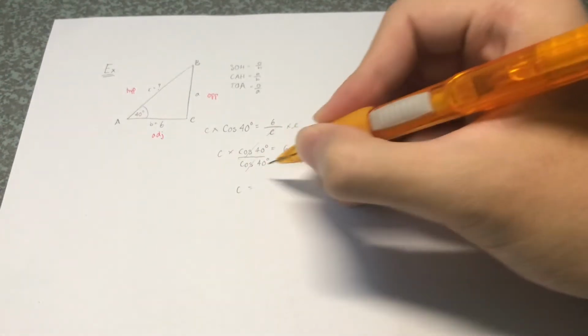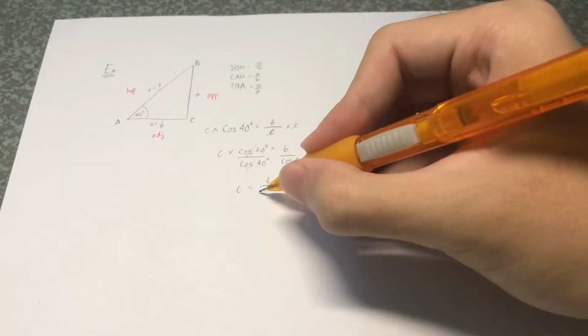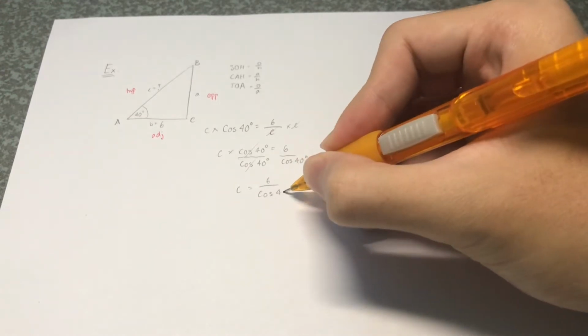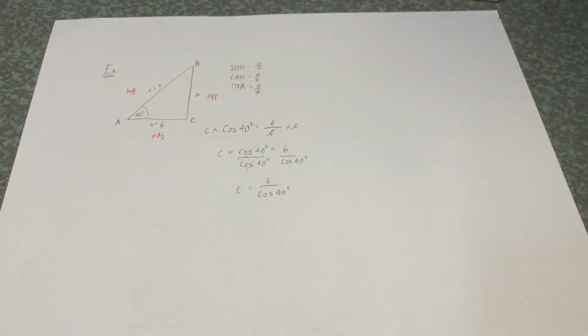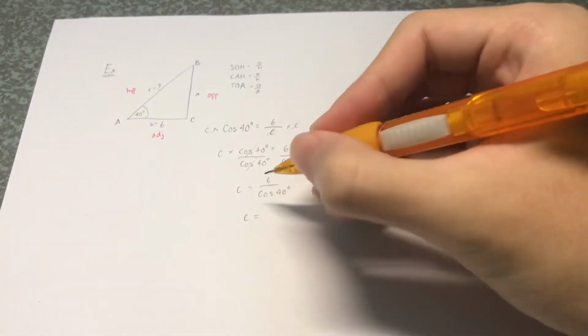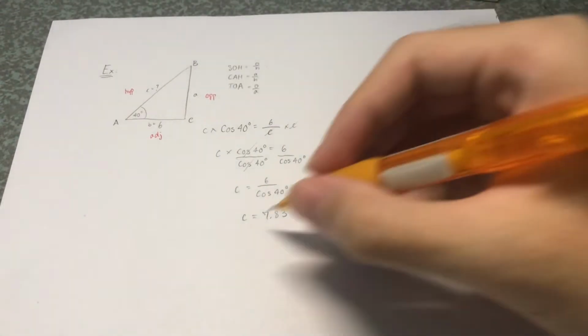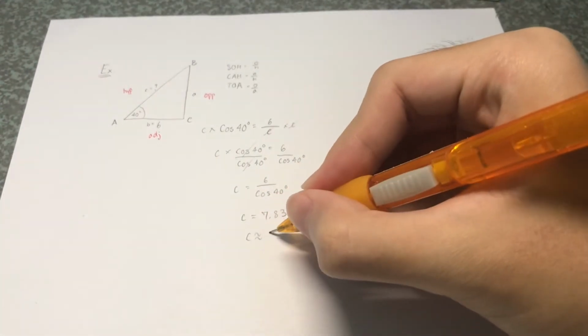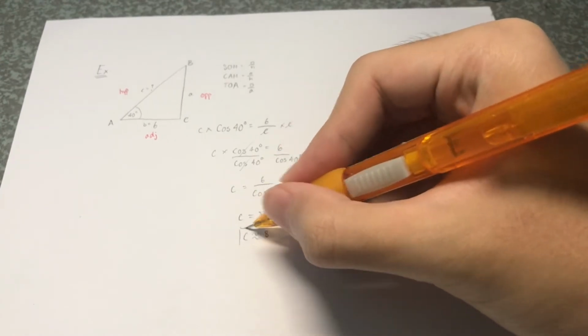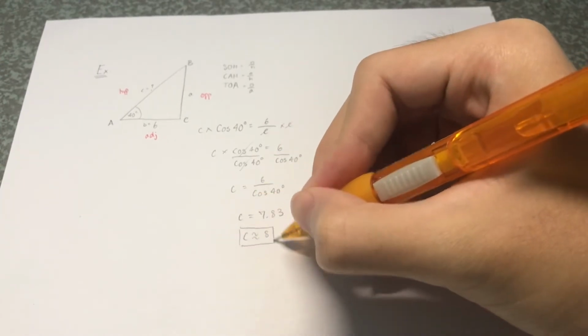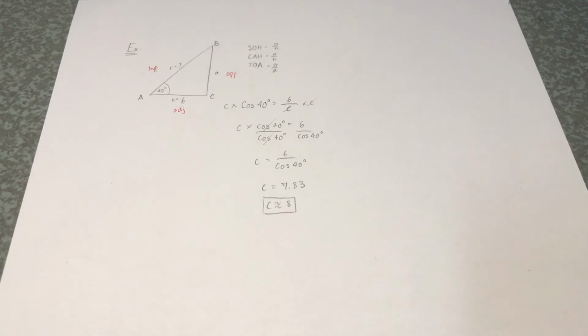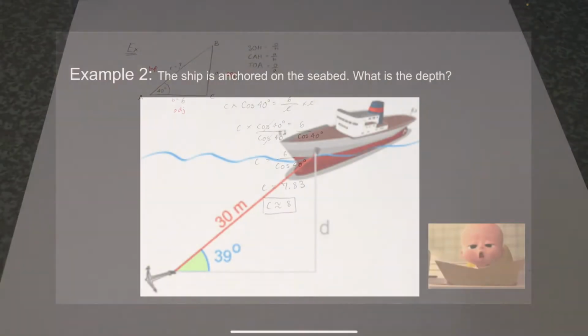You'll get C equals 6 over cosine 40 degrees. 6 divided by cosine 40 degrees will equal 7.83, or approximately 8. Therefore, our solution for C, the hypotenuse, is equal to 8.